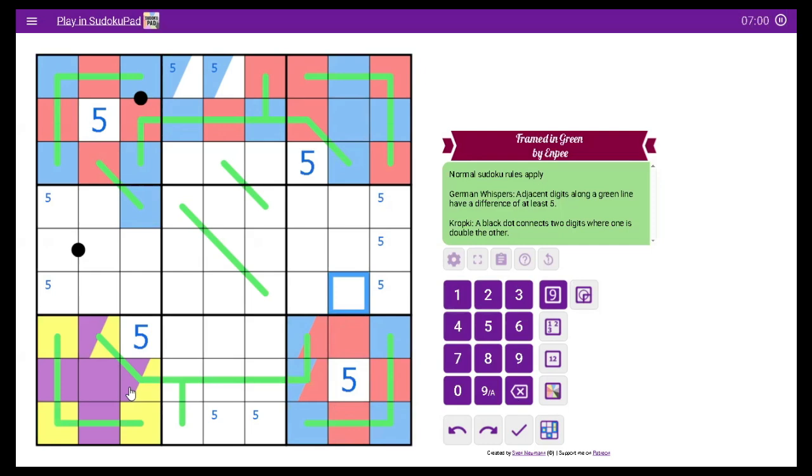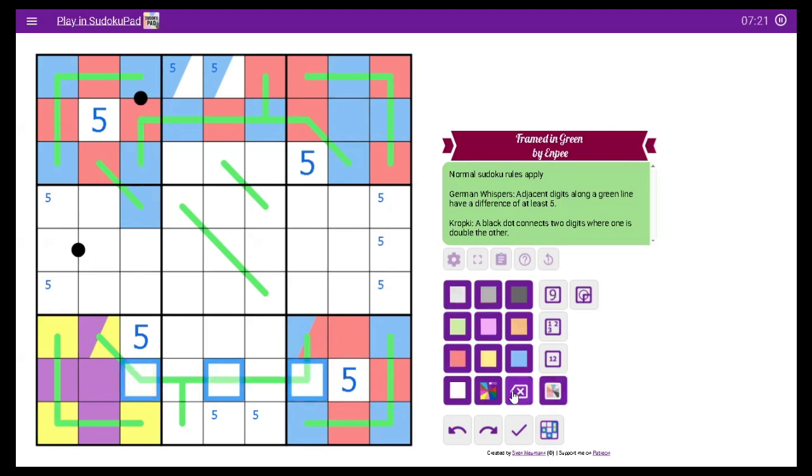And I think we can do the same thing here with these 3 cells. Those 3 cells cannot all be purple because then we'd have 5. So they all are yellow. That means this is purple.